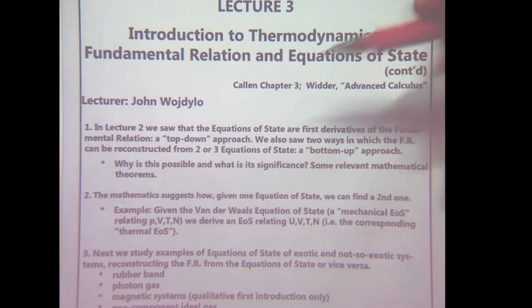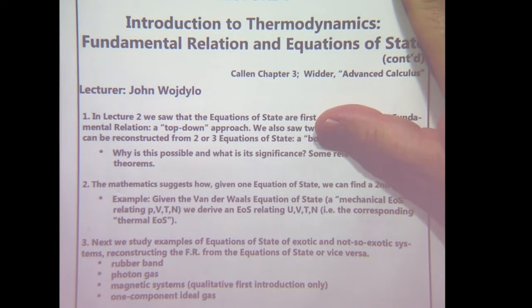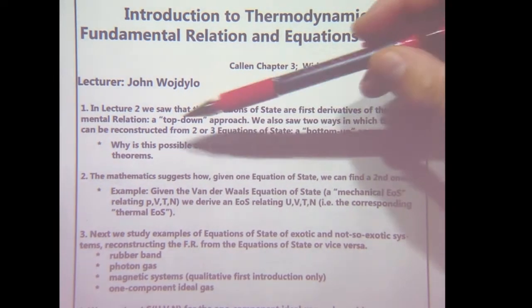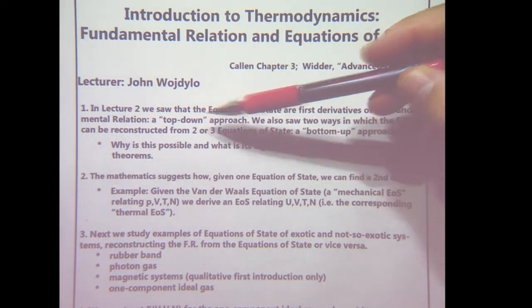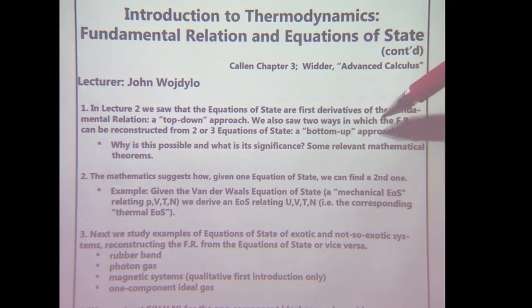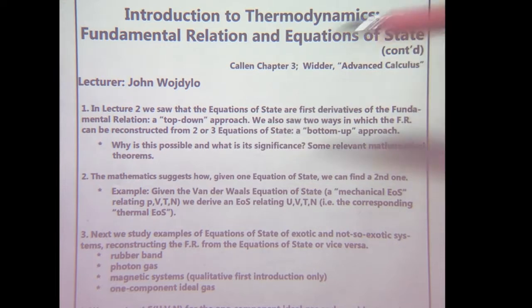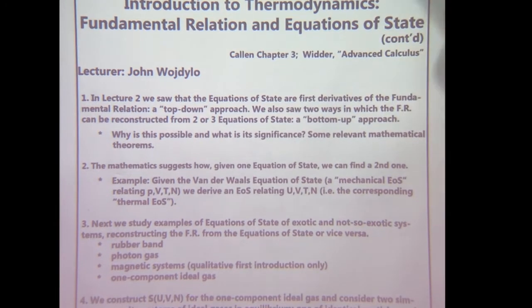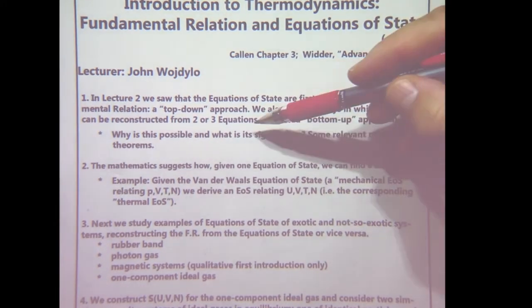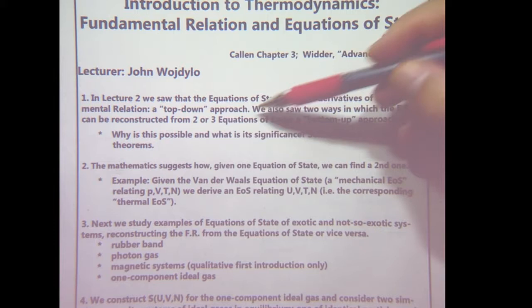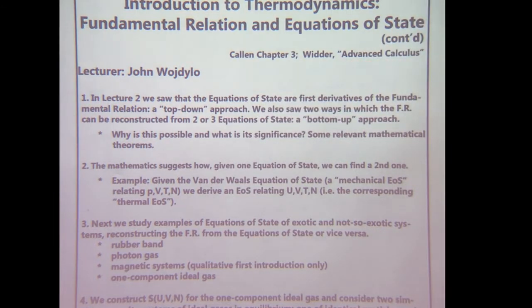Okay, so we're doing 5 main points, maybe just 4. In lecture 2, in the last lecture, we saw that the equations of state are the first derivatives of the fundamental relation, and that's a kind of top-down approach. We also saw 2 ways in which the fundamental relation can be reconstructed from 2 or 3 equations of state, which is a kind of bottom-up approach.